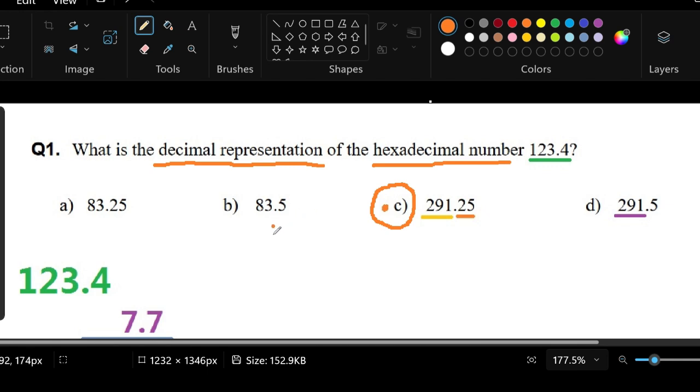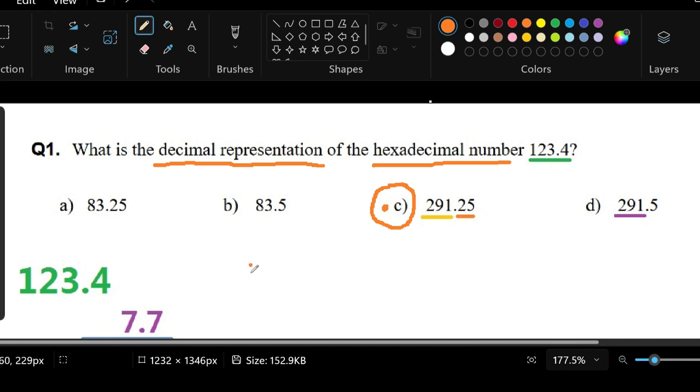The way I first tried to solve this problem was to see if we can divide this by 16, because we know if it's a hexadecimal number, there would be 16 possibilities, and I thought that maybe that would give us the decimal number.